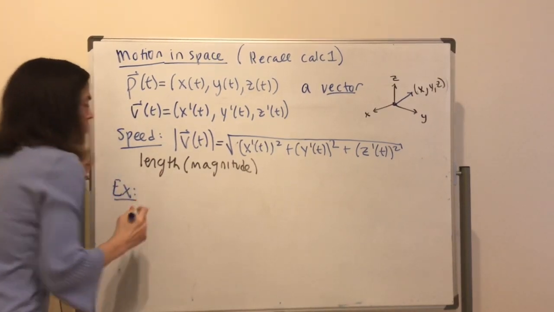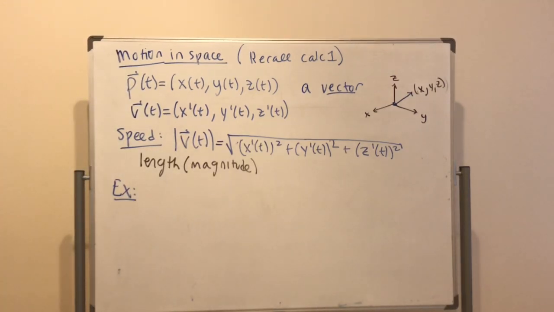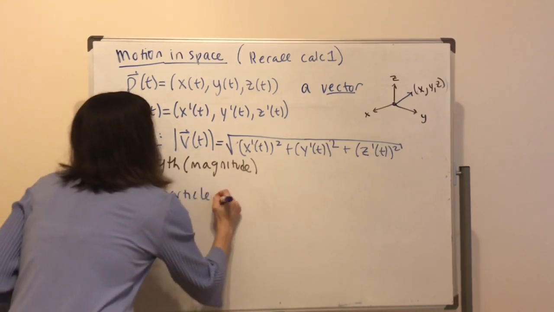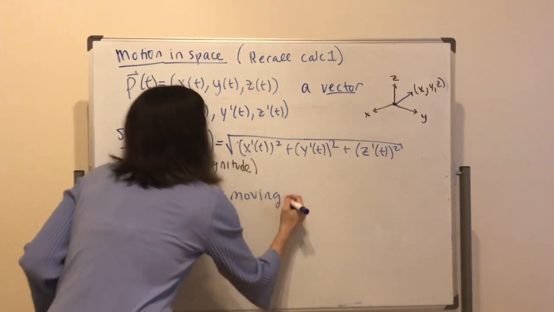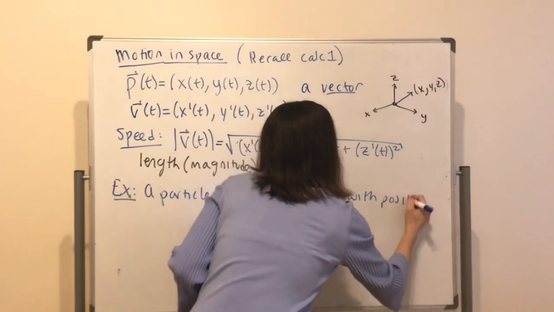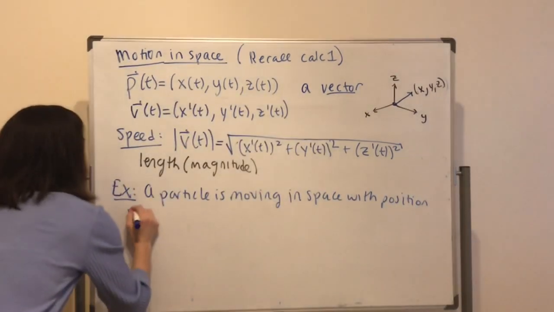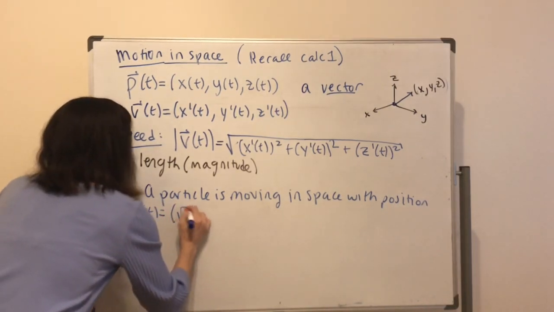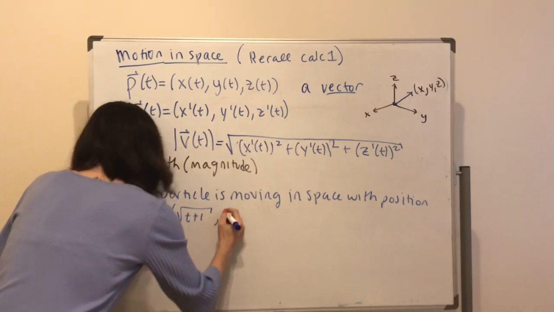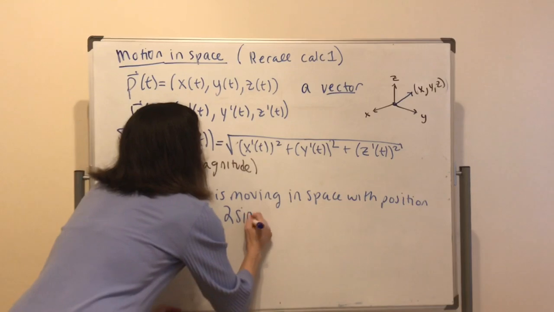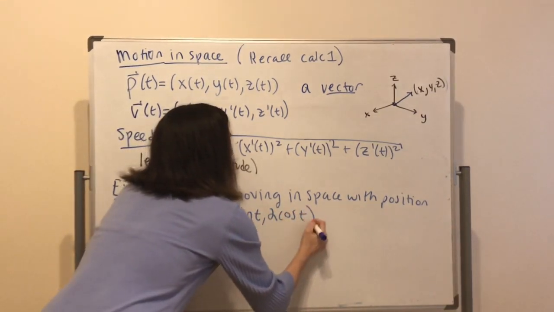And this came off an old Calc 1 final. So a particle is moving in space with position P of t equals the square root of t plus 1, 2 sine t, 2 cosine t, okay?